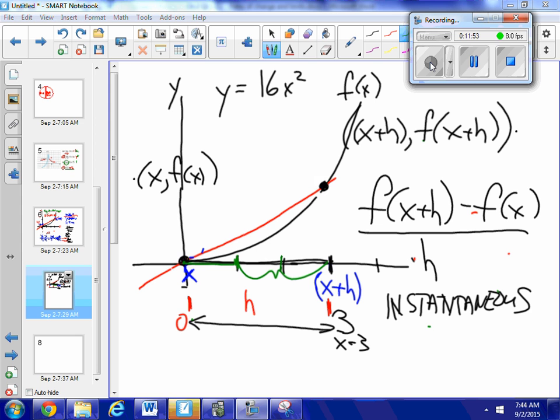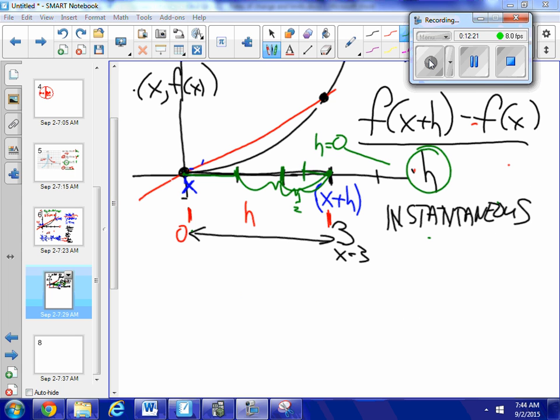If I went to here, I'd have h of 1 second. If I went to here, I'd have h of a half a second. But I want h to be exactly right at 3 seconds, so I want h to be equal to 0. But that causes this terrible problem, because if h is 0, my equation, I'm dividing by 0. And I can't divide by 0, it's undefined. How do I get out of this?